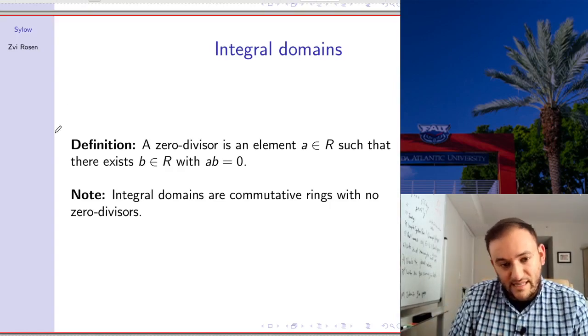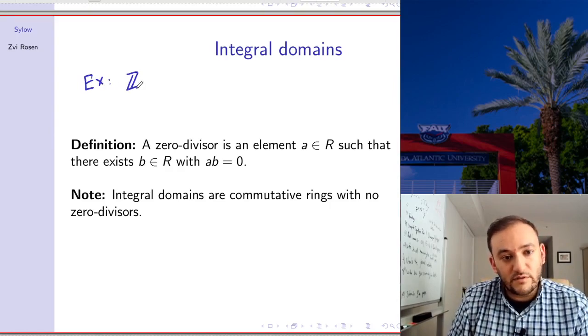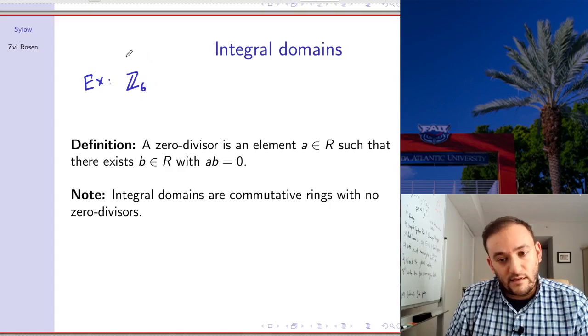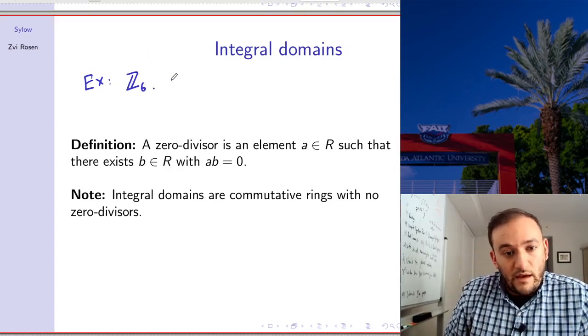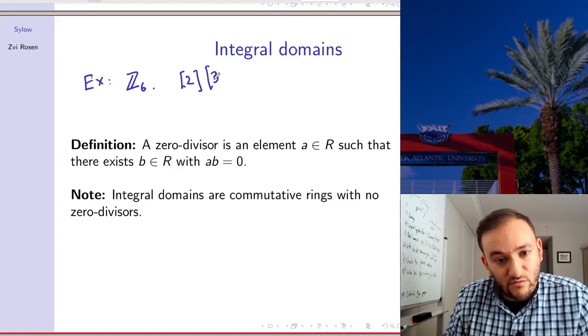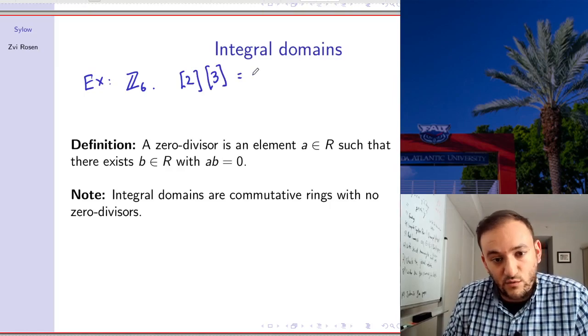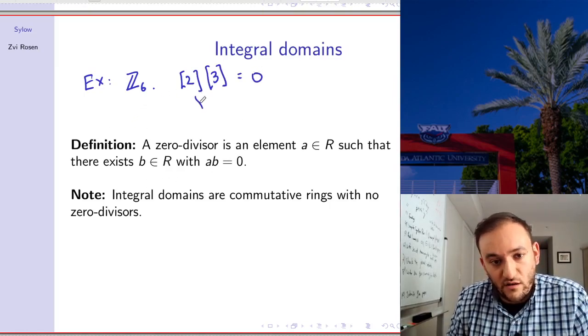Our example for a ring with zero divisors was Z6, the ring of integers modulo 6. In this ring, the class of 2 times the class of 3 is equal to 0, and so both of these are called zero divisors.